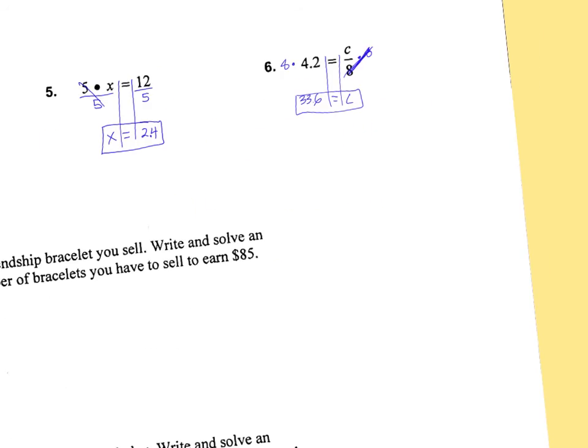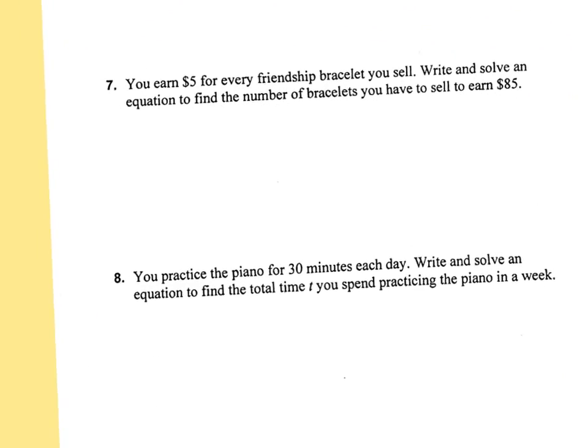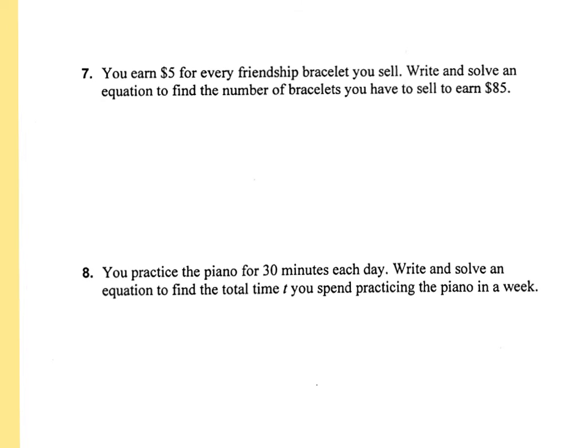All right, so let's take a look at some word problems here. You earn $5 for every friendship bracelet you sell. Write and solve an equation to find the number of bracelets you have to sell to earn $85. Okay, so this is a multiplication problem. We're going to be going 5, and we'll call it B for bracelet.